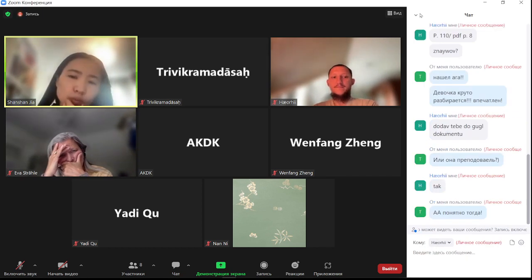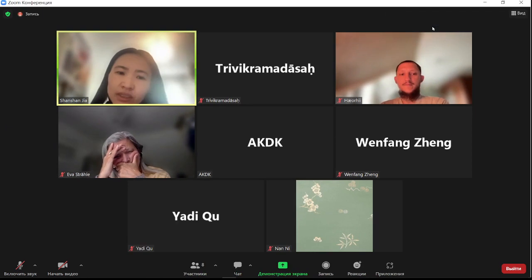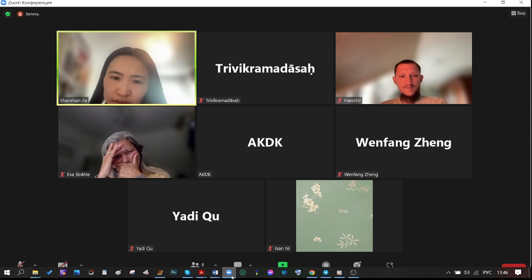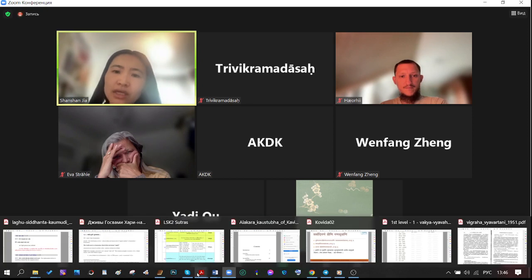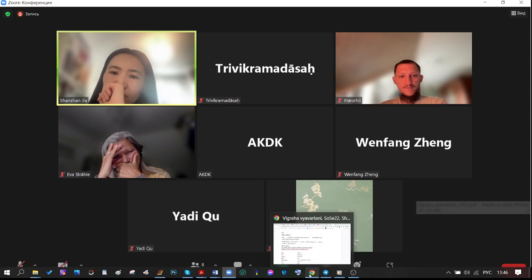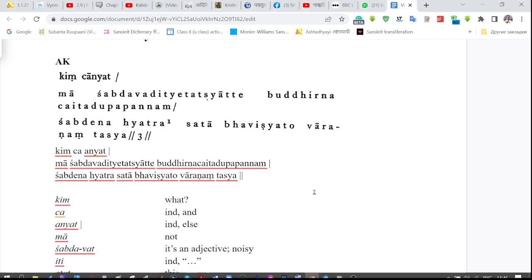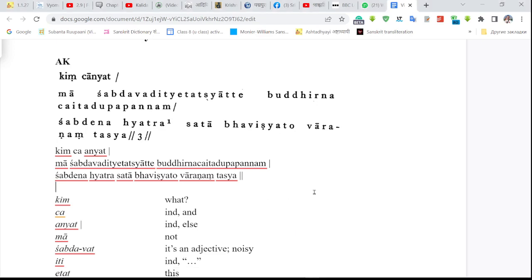So we have only shabdenātra. One, two, three, four, five, six, seven. So it becomes rather tricky.